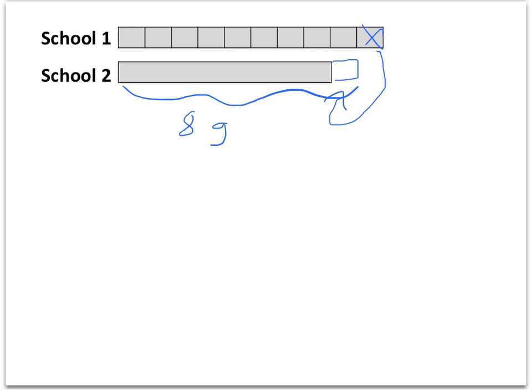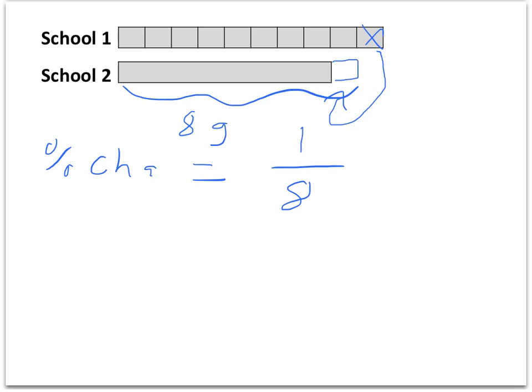This problem was asking for the percent change in school 2. So the percent change is going to be equal to, remember the definition, the amount of change divided by the initial amount. Well, we just figured out that initially there were 8 groups of students, and the amount increased by 1 group.